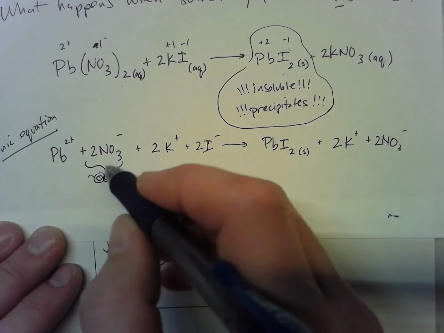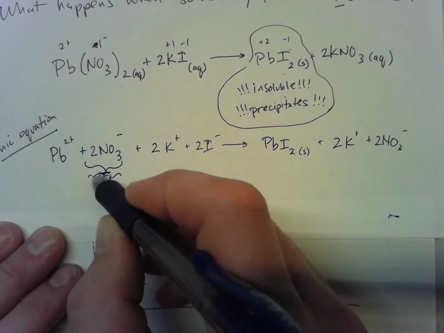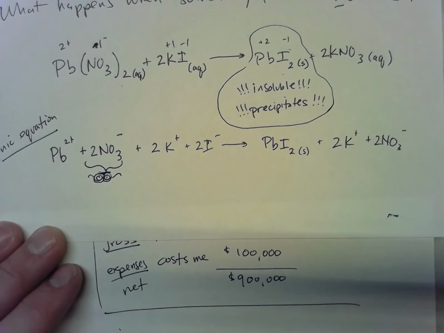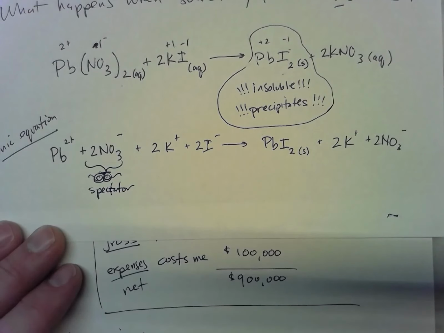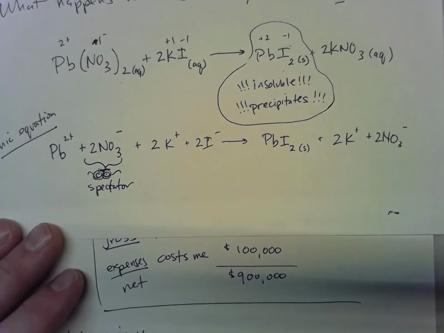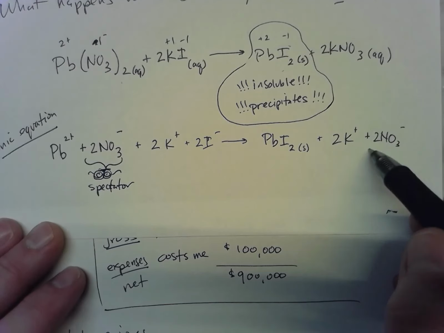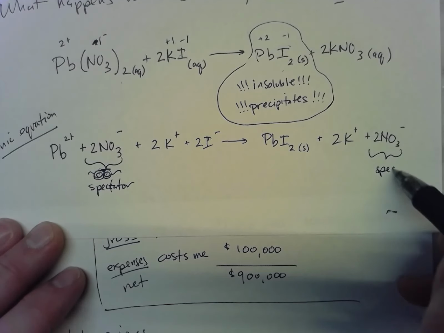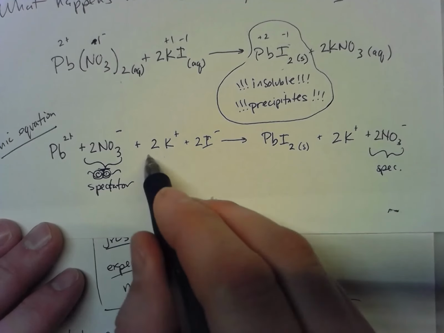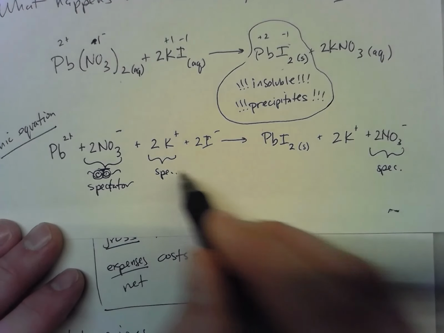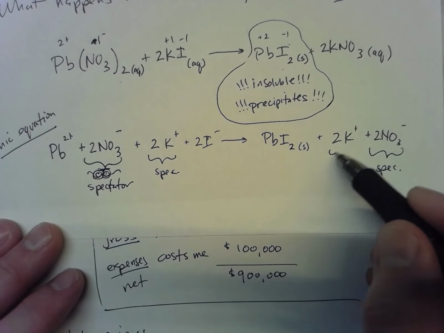No, those glasses don't look very good. Sheesh. Okay, how about we just write spectator? Hey, there we go. All right, spectator. All right, who else? So now we'll call this a spec. All right, 2K+, 2K+. Spectator.